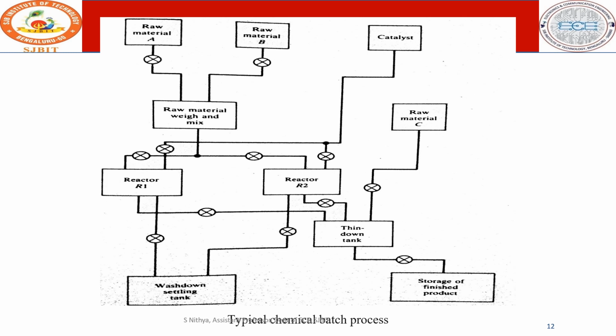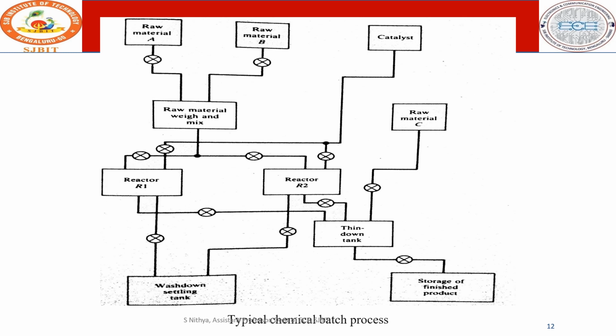Once it is done, that product will be sent into the thin down tank. After this, raw material C will be sent. Here the cooling down of the process or whatever is required will be performed, and that will be sent to the storage of the finished product. Once that is done, reactor R1 will be under the cleaning process.